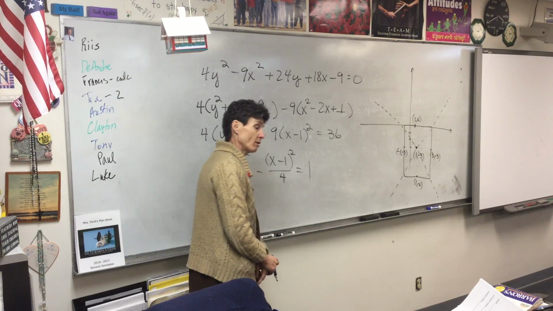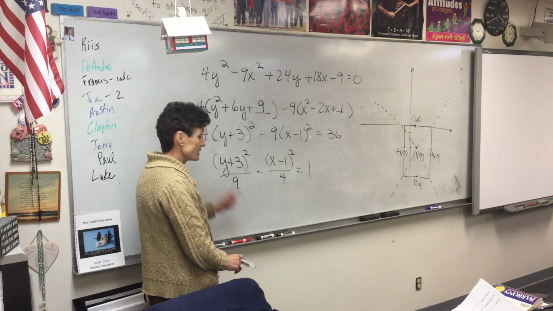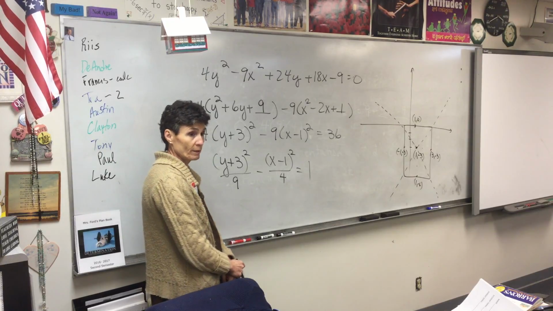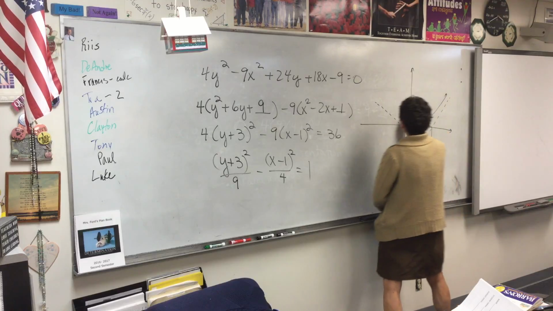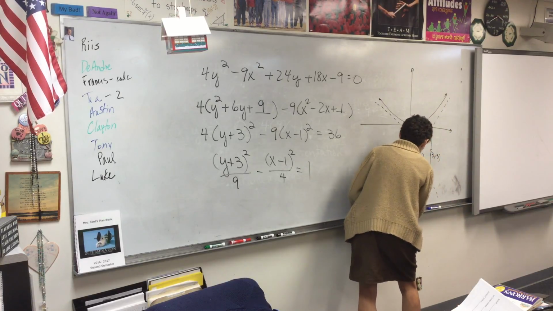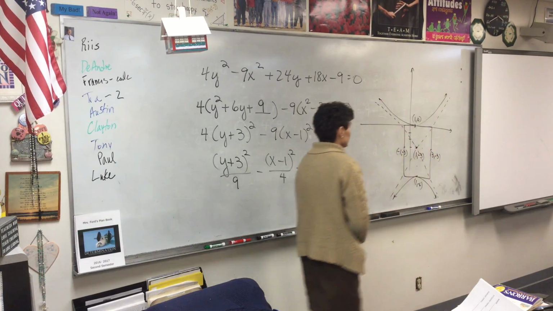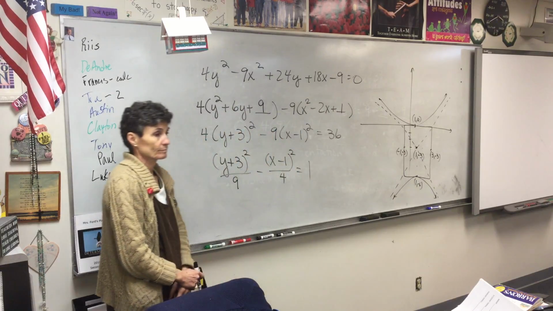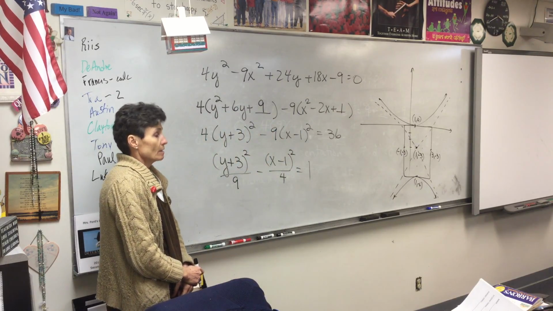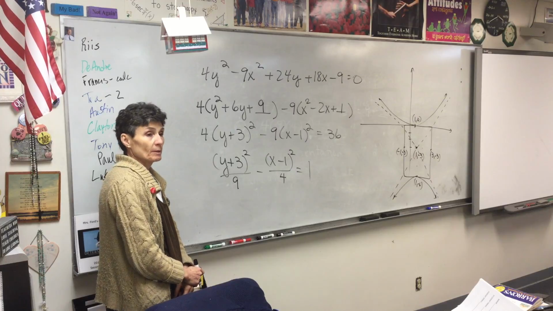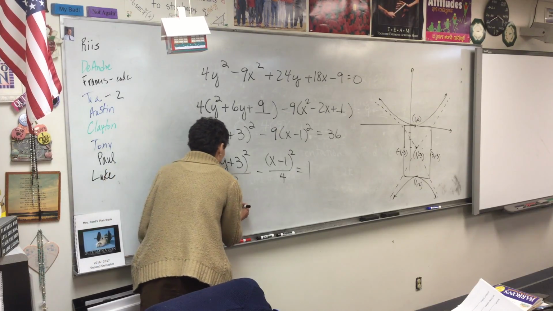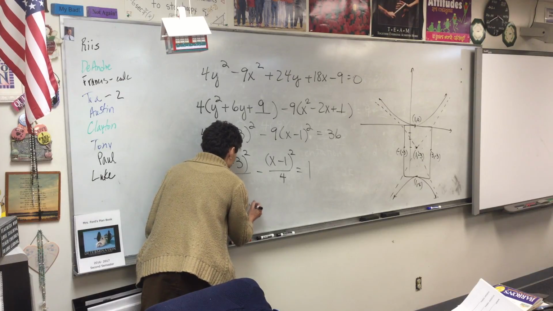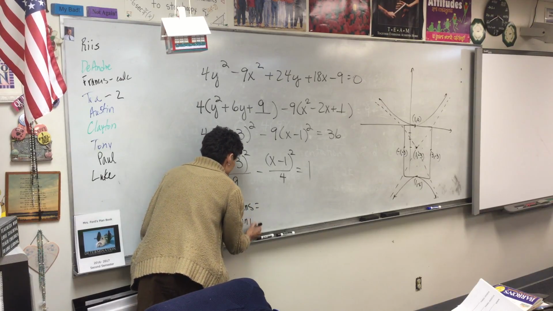Alright, now we've got to open our hyperbola one way or the other. Pay attention now. Which way is this one going to open? Up and down. So up it goes, down it goes. Here we are. Now, first of all, let's get the major or transverse axis and the conjugate axis.